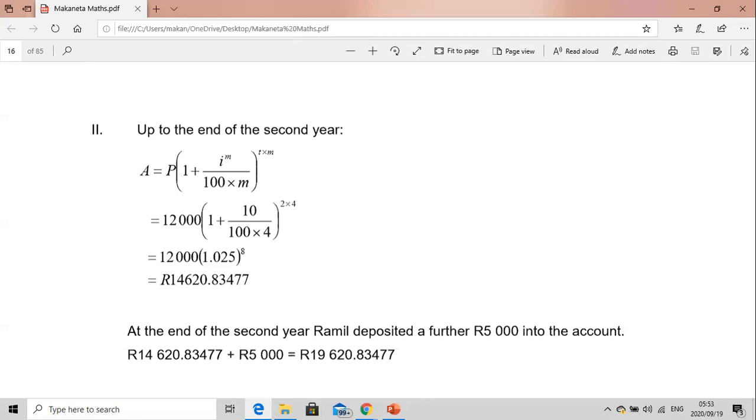So in addition to the accumulated amount of 14,620 rands and 83 cents, we know that an additional 5,000 rands was deposited into the account, which brought the account to an amount of 19,620 rands and 83 cents. Once again, you don't have to look at the comma there.